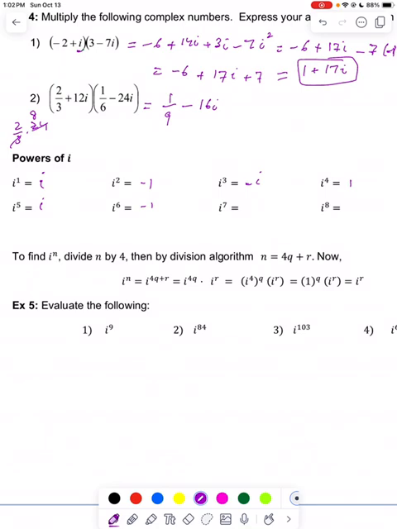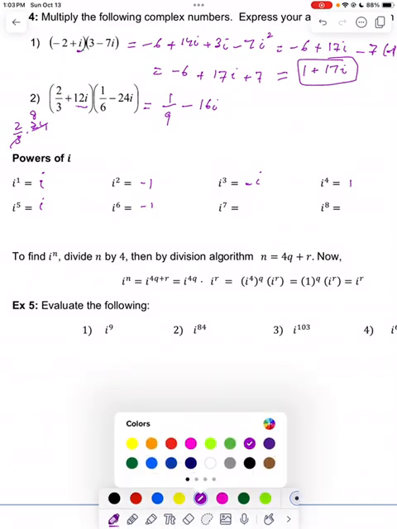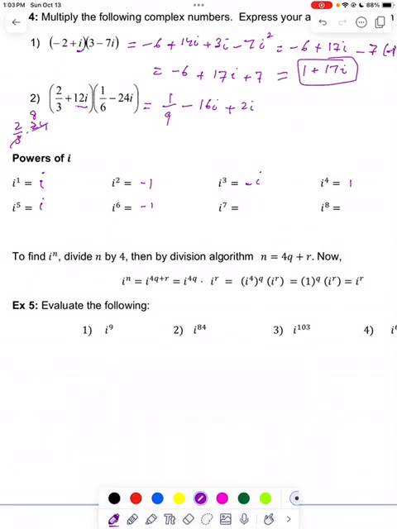Then we are done with the first term. Now we go to the second term of the first complex number and multiply that with the 2 terms of the second complex number. So positive 12i times 1 over 6 will give me positive 2i. Now positive 12i times negative 24i will give me a negative number. But what's the number?